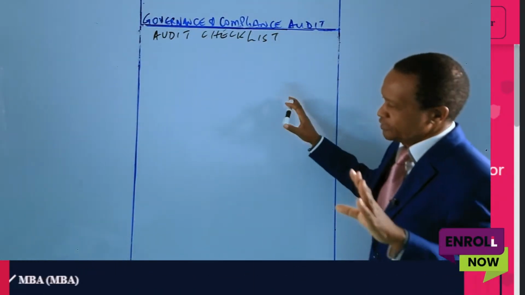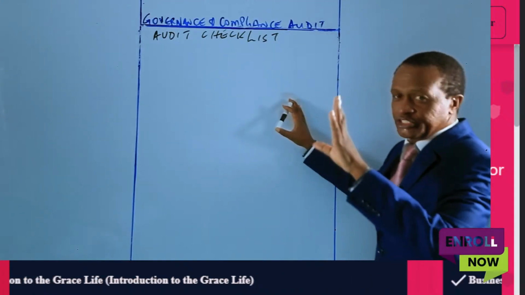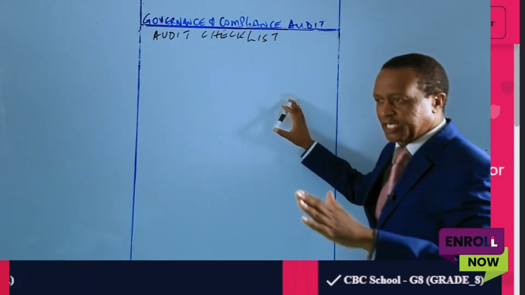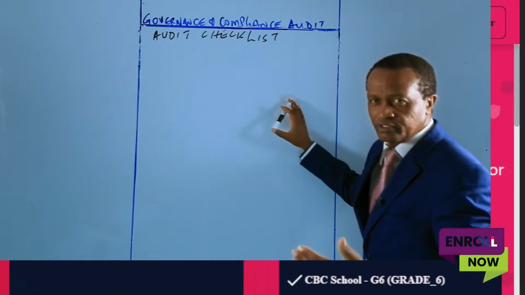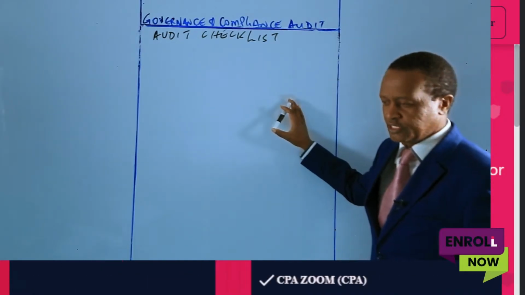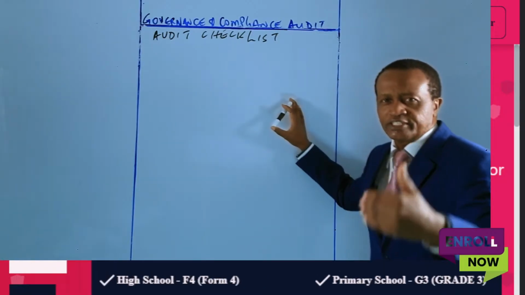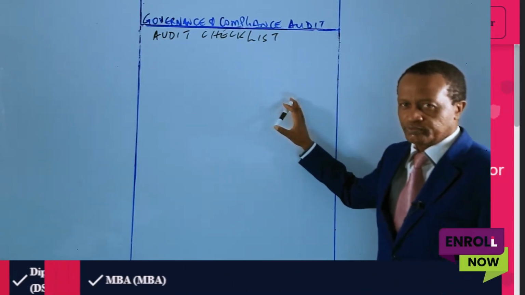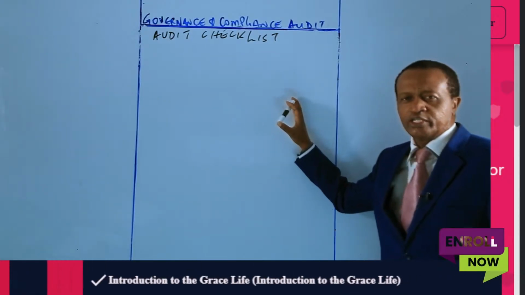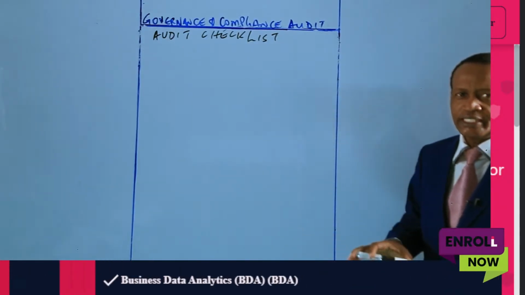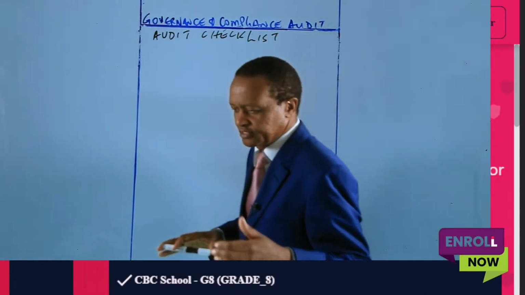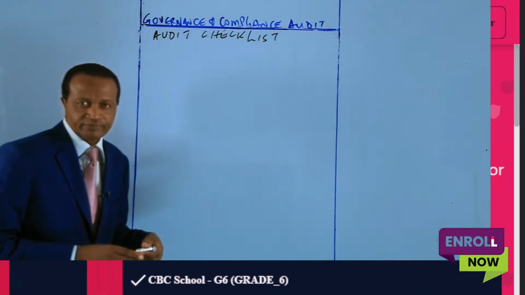So there has to be, at the planning stage, a checklist which acts as a summary of the planning process, and it provides a final check to confirm that the audit is ready for execution. In this lesson, we are going to break down the key planning phases that are covered in a checklist.